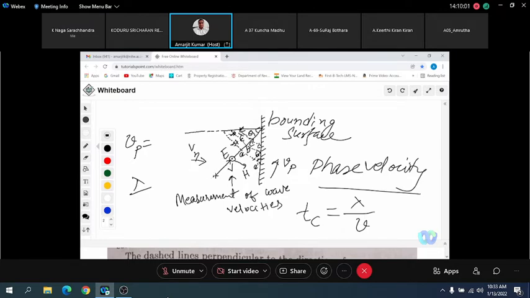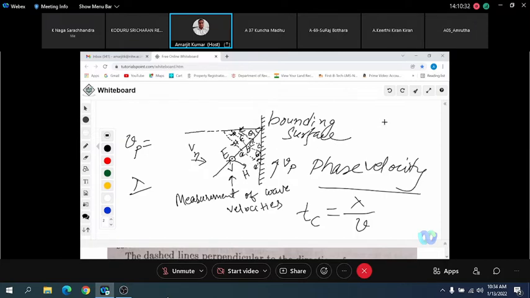If the wave is incident at theta 1 on this bounding surface, what will this angle be? Yes, 90 minus theta 1, or it will be theta 1. Yes, good, it will be theta 1.